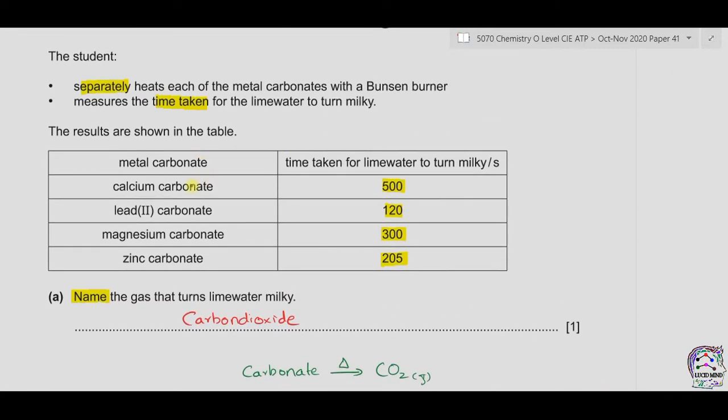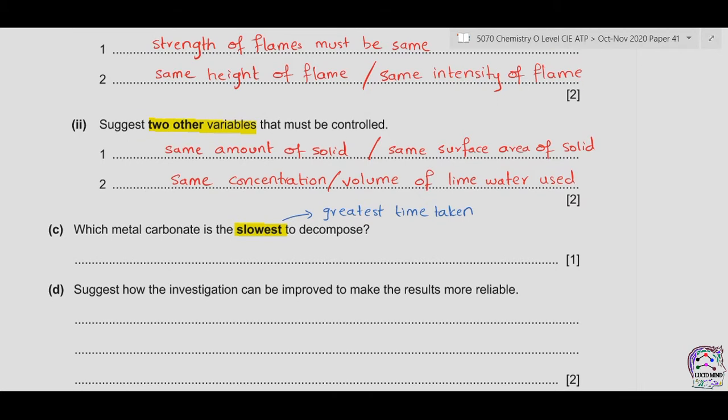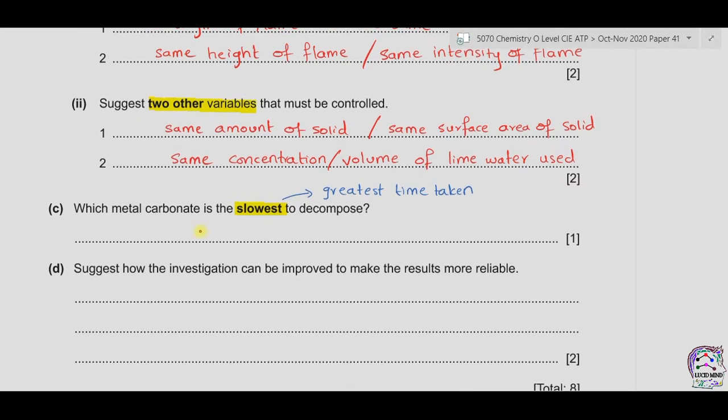In the given table, we can see that calcium carbonate takes 500 seconds to turn lime water milky, while the others take less time than this one. So it means calcium carbonate decomposition is most difficult, or it is the slowest. So the answer is calcium carbonate.